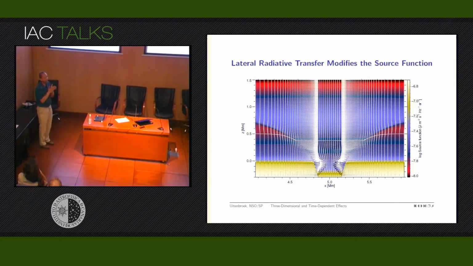If you would base your hydrostatic models on the intensities that you get from the flux tube center and ones that you would get from regions outside the flux tube, you would make a wrong diagnosis of the temperature in the flux tube, because you would not have accounted for the irradiance from the sides that contribute to the rise of the source function, and therefore give you a false impression that the temperature is higher.